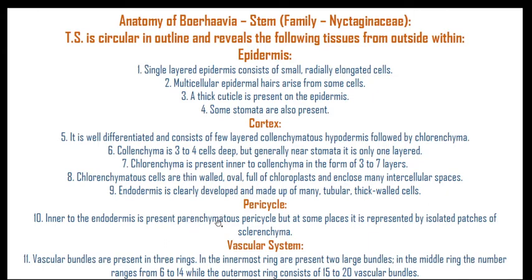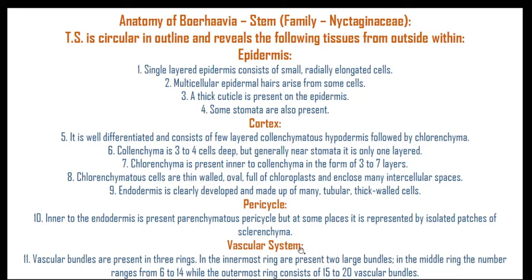It is developed by parenchymatous cells, but at some places it is represented by isolated patches of sclerenchyma. Basically the pericycle is developed by sclerenchymatous cells, and such cells are grouped into patches, which protect whatever is present inside.